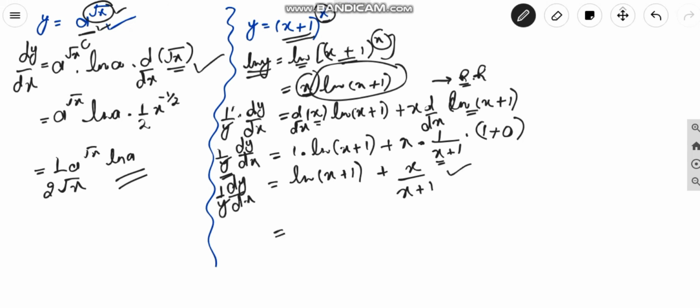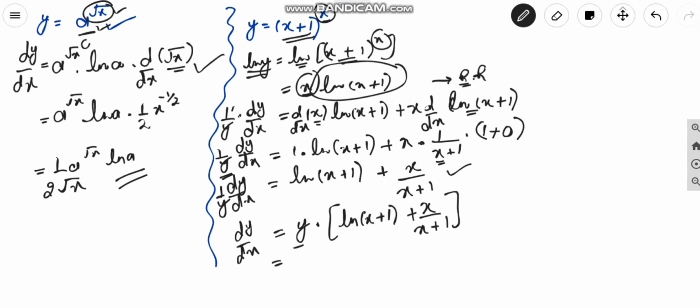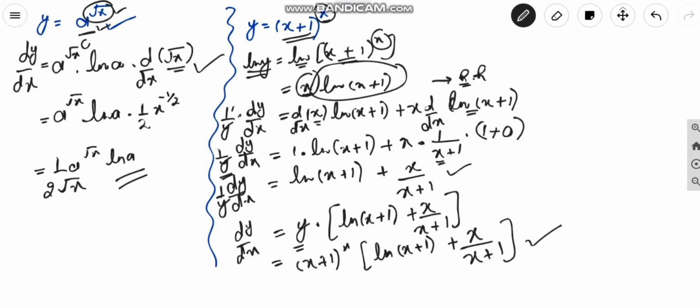Now we can write it as dy by dx equals y into natural log of x plus 1 plus x over x plus 1. What is the value of y? Its value is x plus 1 whole power x. Natural log of x plus 1 plus x over x plus 1. This is the way we can find the derivative of a variable power with a variable function.